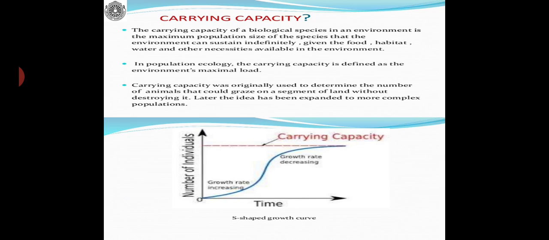As you observe in this graph, initially there is a slow or steady increase in the population size, and suddenly it shoots up, it reaches the peak, and once it attains the saturation level, there is no further increase in the size of that population. At this level, it is called the carrying capacity of that population. So this is a characteristic feature of the S-shaped curve or sigmoid curve present in populations which pass through a kind of growth known as steady growth.